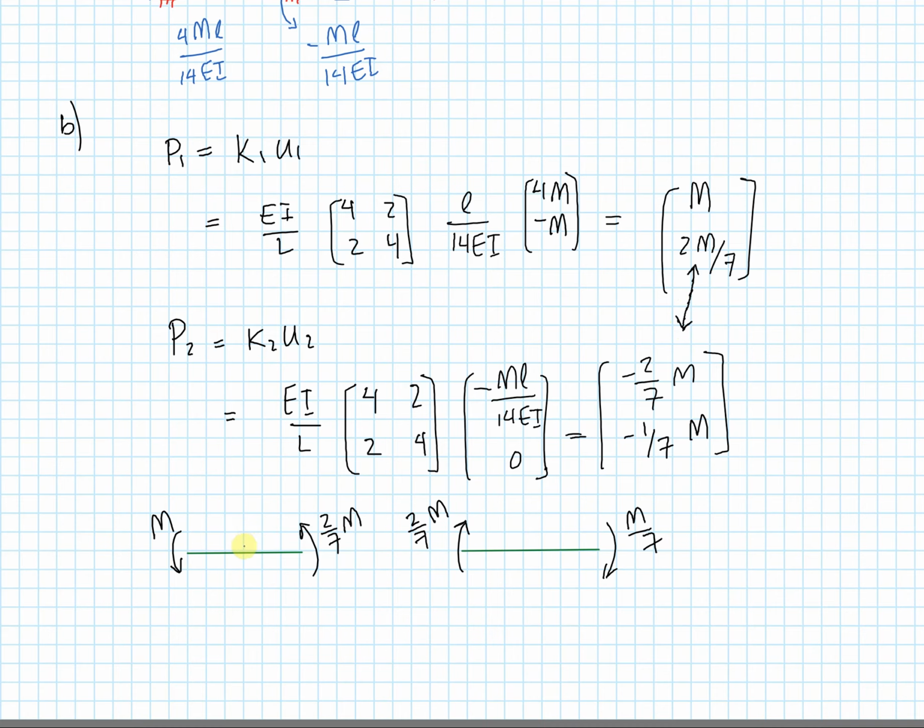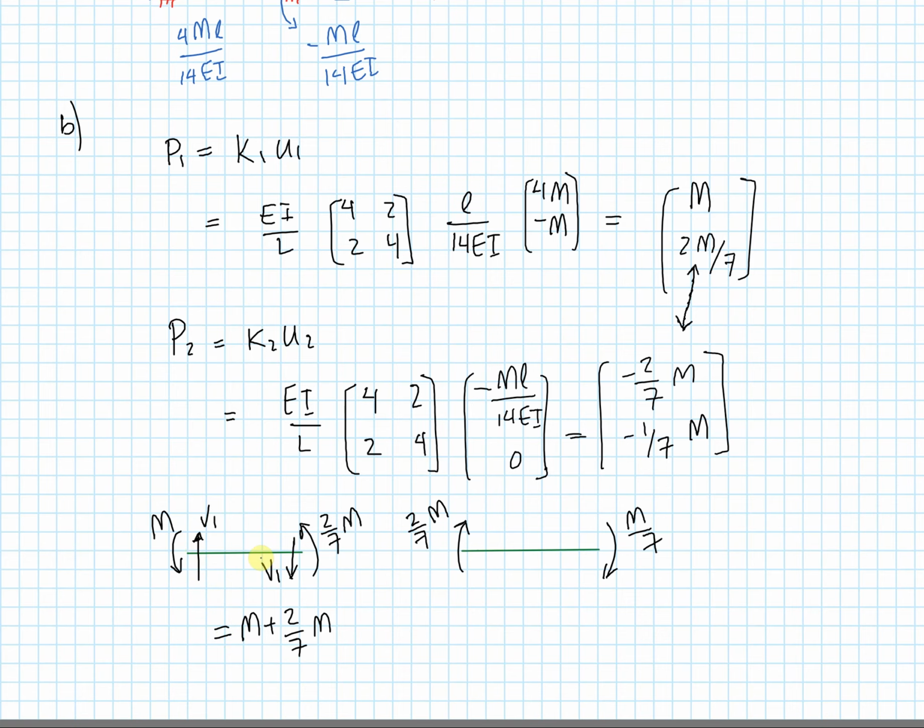Okay, so if I know that m plus 2 over 7m are in the same directions, so we are adding them, I can say that I got this V1, that's counteracting, and there's another V1, that's counteracting the moment.